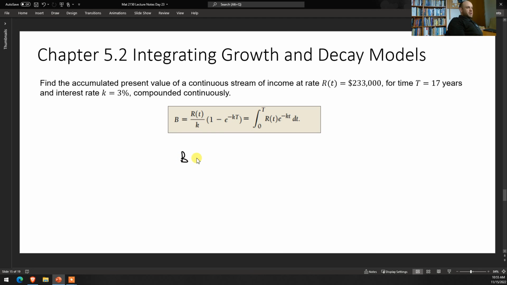So we take B and set it equal to 233,000 over k, which is 0.03, times 1 minus e raised to the negative 0.03 times 17. And then we can use our calculator to find the decimal, then round it however we need.